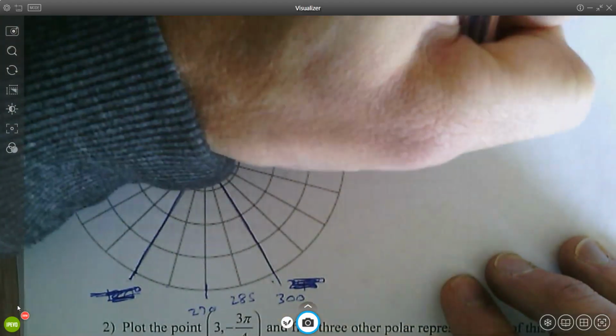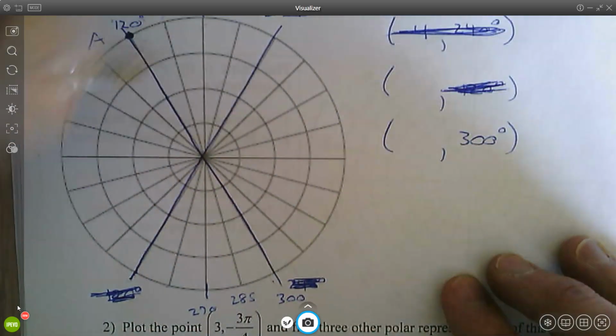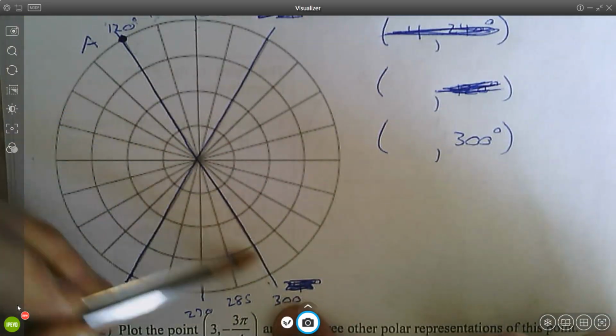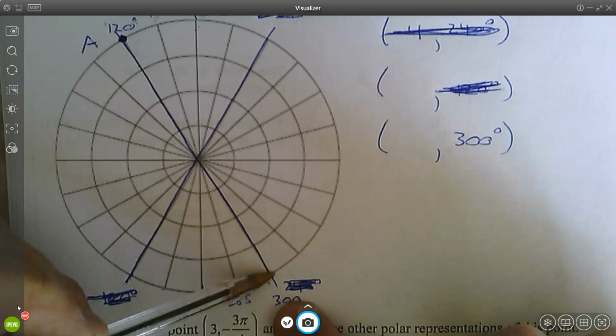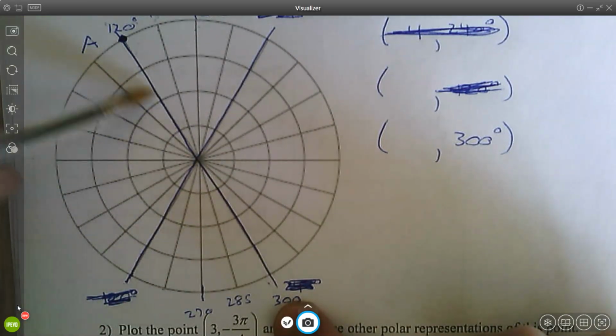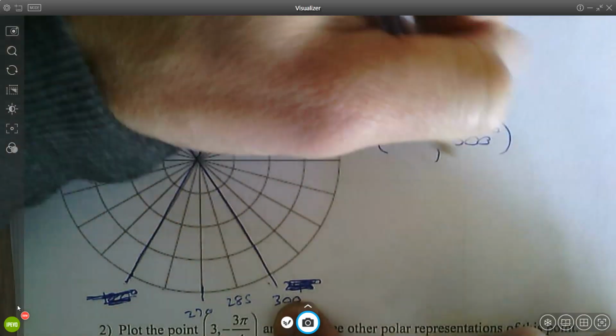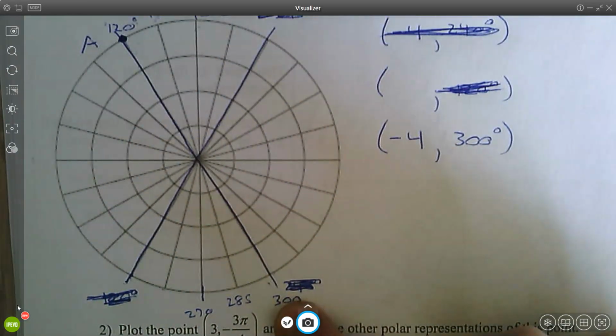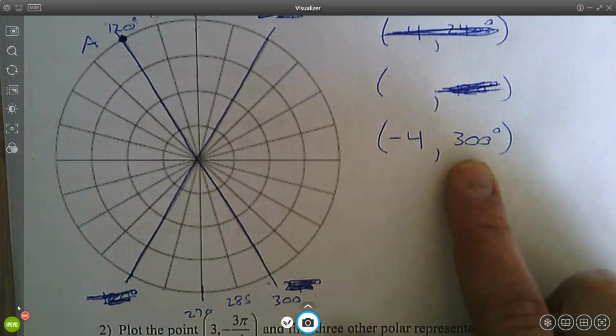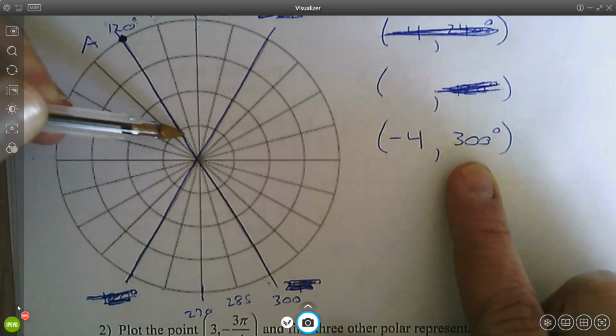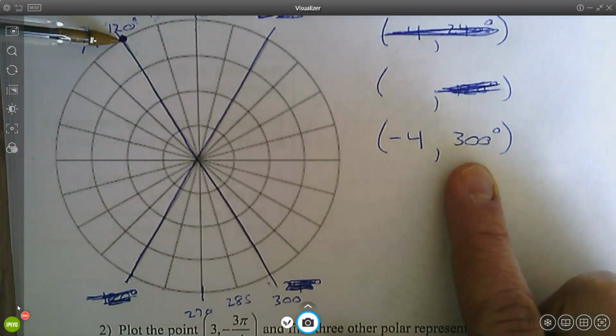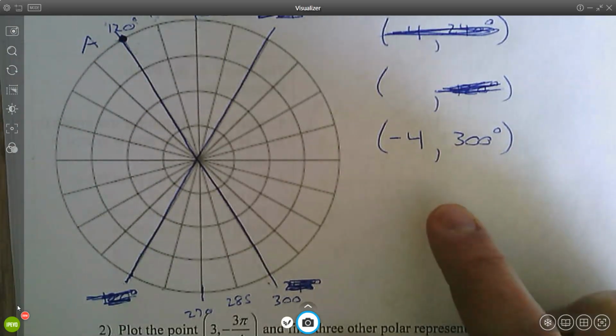So we're going to have an angle of 300 degrees, but we're not moving towards it, so it's not going to be a positive value for R. We're moving away from it, 1, 2, 3, 4. So the R value is going to be -4. So that's one representation. If I graph 300 and go 4 in the opposite direction, you're going to end up at that point, point A.